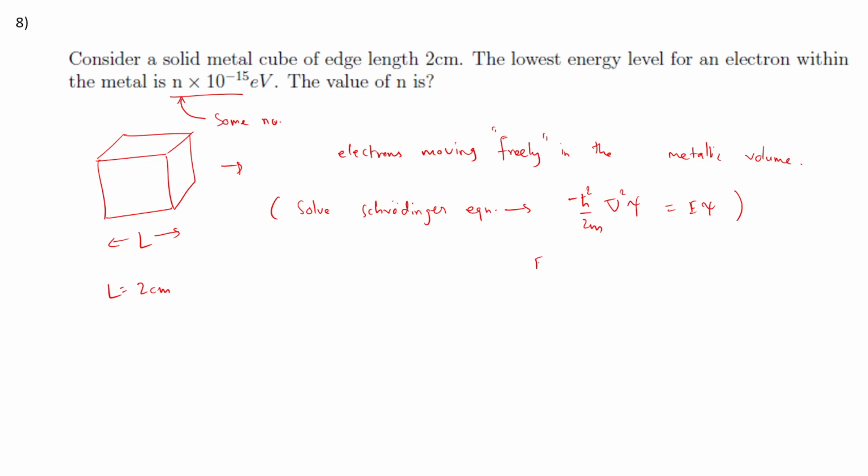What you get is E equal to ħ²π² over 2mL² times (nx² + ny² + nz²). So nx, ny and nz are the numbers which will label your states.